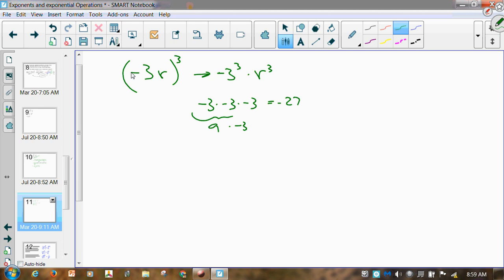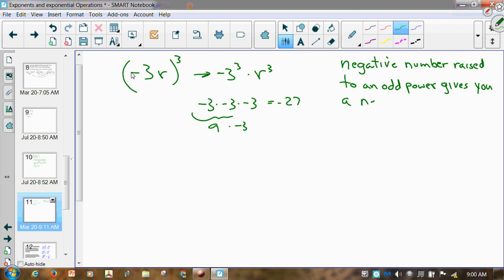There's a couple of things to tuck in the back of your mind, not too far in the back, all right, is that a negative number, right, raised, in fact, this is a really important little thing to remember, raised to an odd power, okay, odd numbers, 3, 5, 7, 11, all that kind of good stuff, to an odd power will give you a negative number.